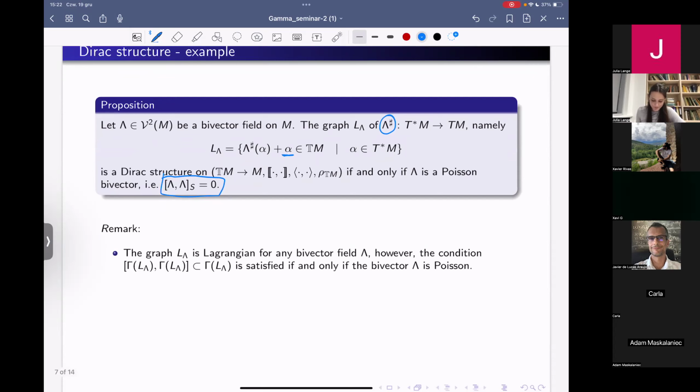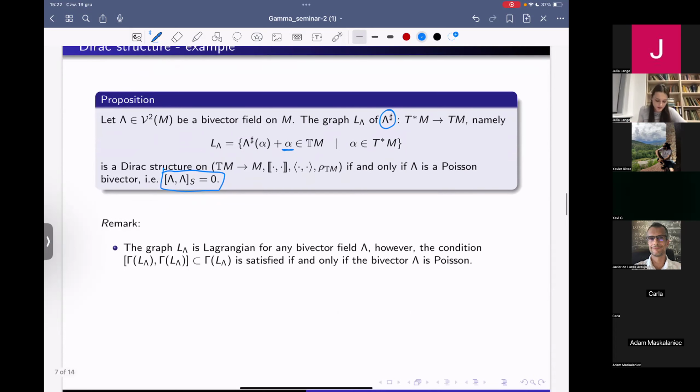I would like to make a remark that if lambda is any bivector, then we have that the orthogonal of L_lambda equals L_lambda.